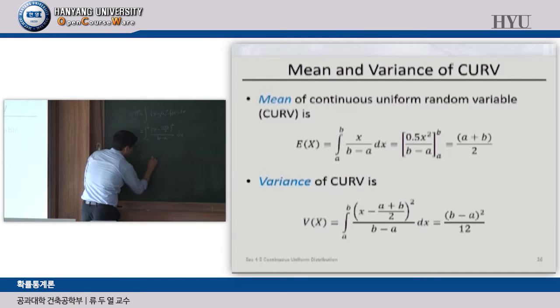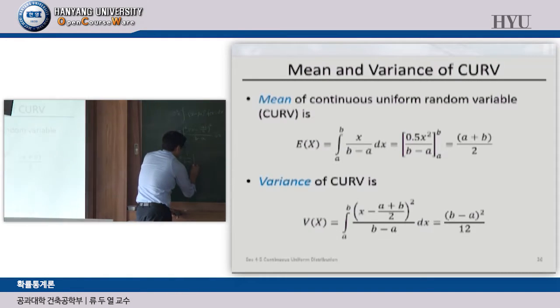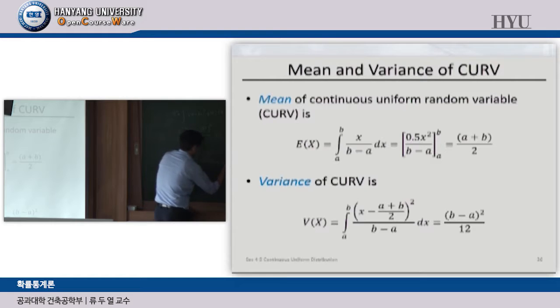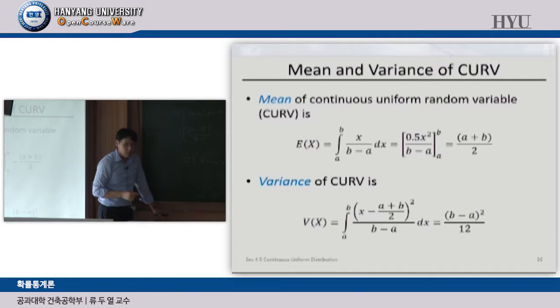This can be 1 over b minus a, integration from a to b of x squared minus (a plus b) x plus (a plus b) squared over 4, dx. Right?